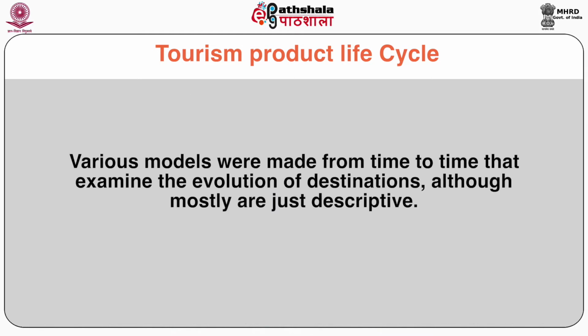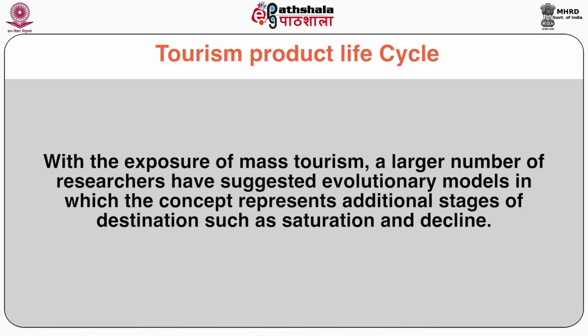Various models were made from time to time that examine the evolution of destinations, although mostly are just descriptive. With the exposure of mass tourism, a larger number of researchers have suggested evolutionary models in which the concept represents additional stages of destination such as saturation and decline.